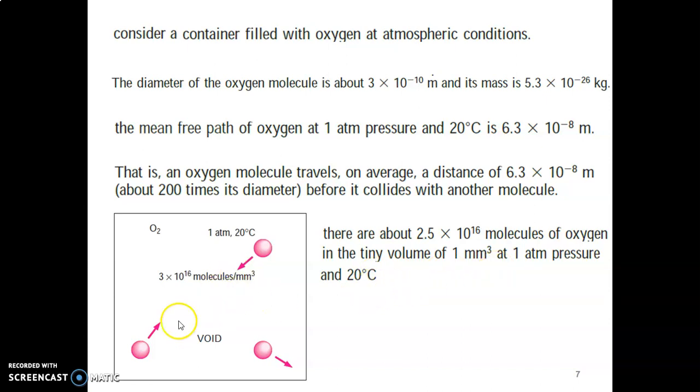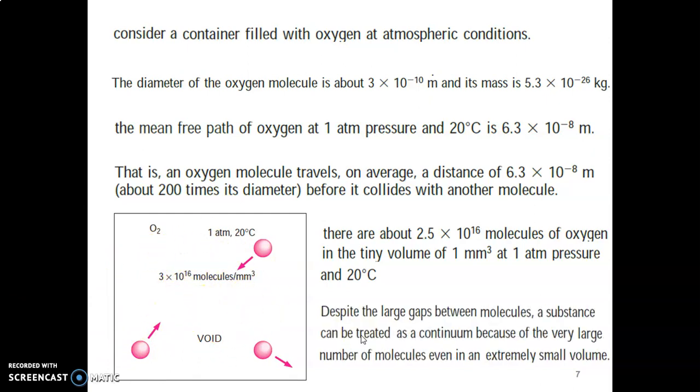If you consider a point of interest, a system or control volume in the space between these molecules, there will not be any oxygen molecules in that control volume. Understood? So we cannot analyze or study this system using the control volume approach in this case, because the mean free path is very large.